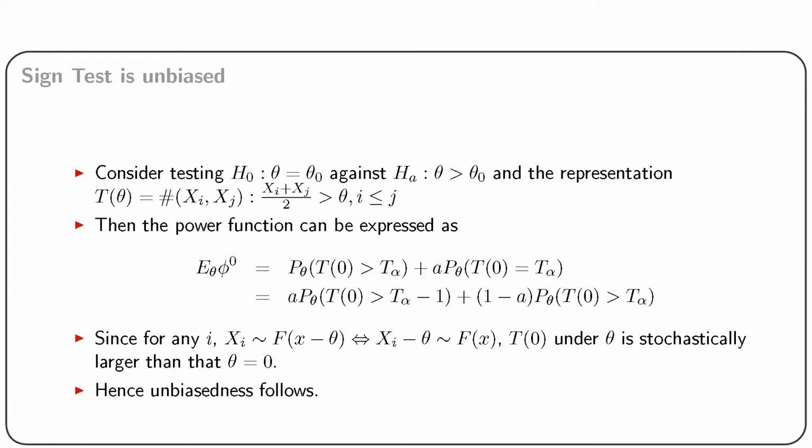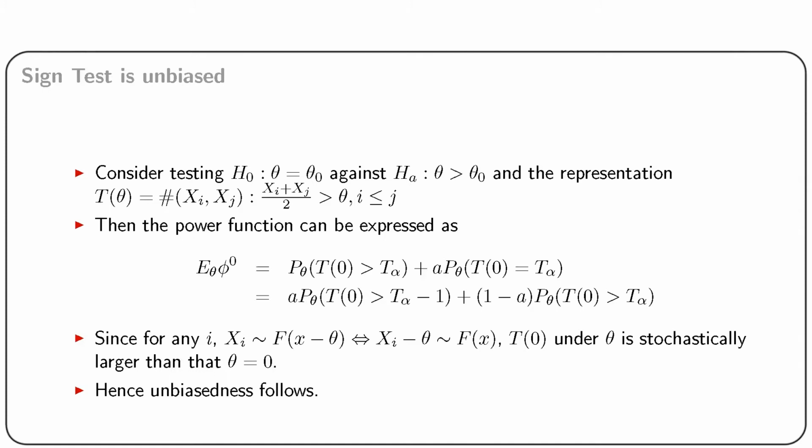Since for each i, xi has a distribution F of x minus theta, which is equivalent to xi minus theta having a distribution F of x, T naught is expected to be larger under theta than under theta equal to 0. Thus, T naught under theta is stochastically larger than T naught under theta equal to 0.